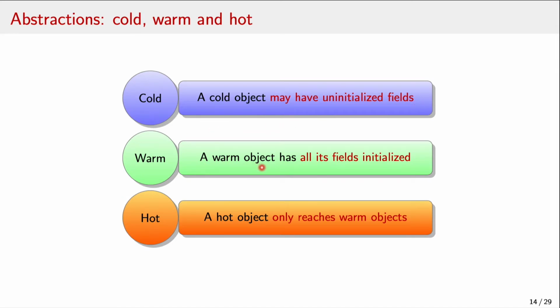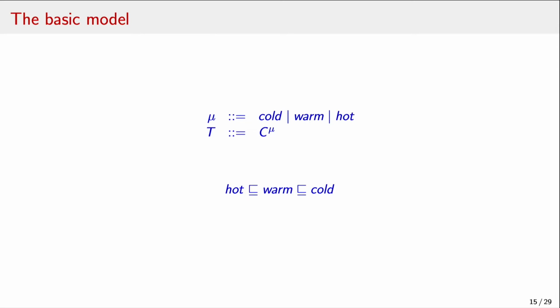A warm object has all its fields initialized, but it may reach cold objects. A hot object is transitively initialized, or equivalently, it only reaches warm objects. If we lift the abstractions cold, warm, and hot to types, we arrive at a type system for safe initialization.